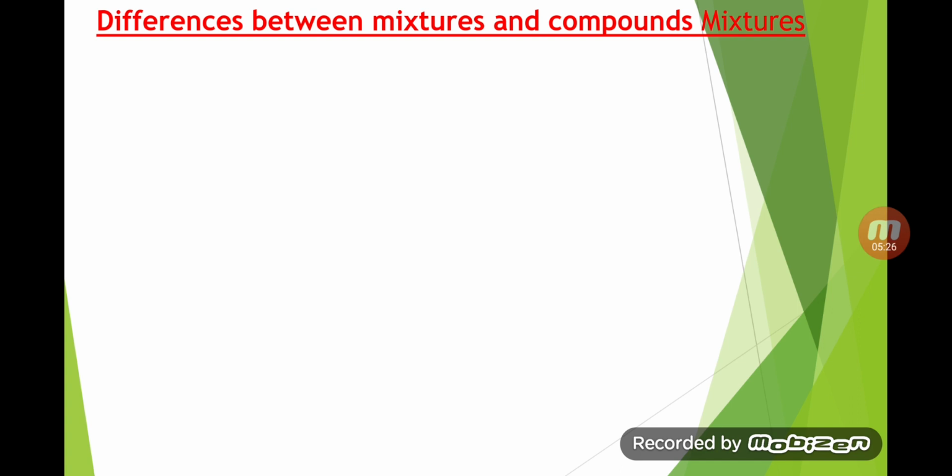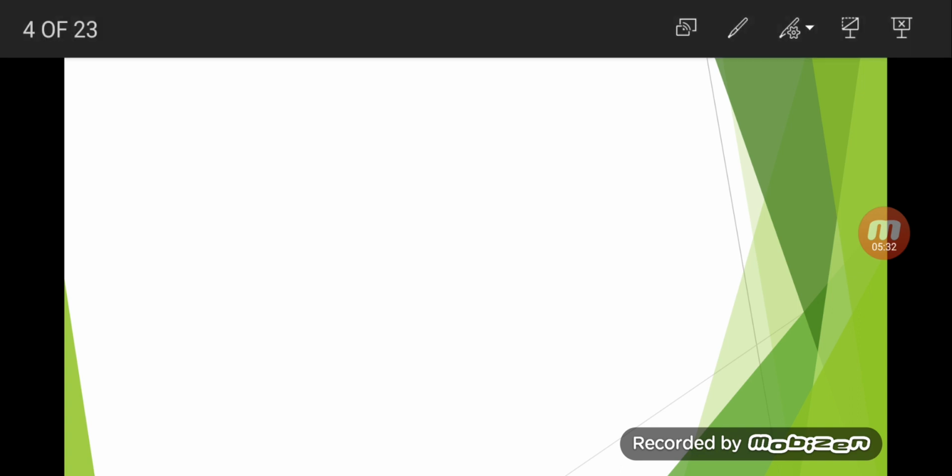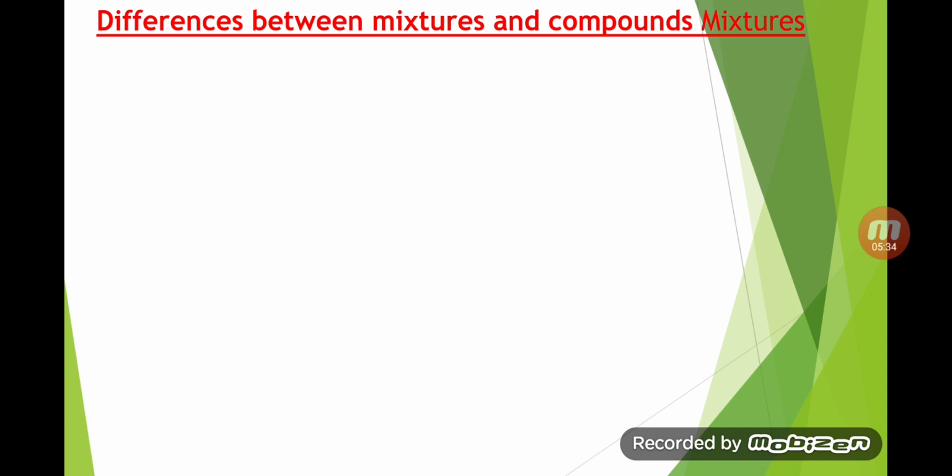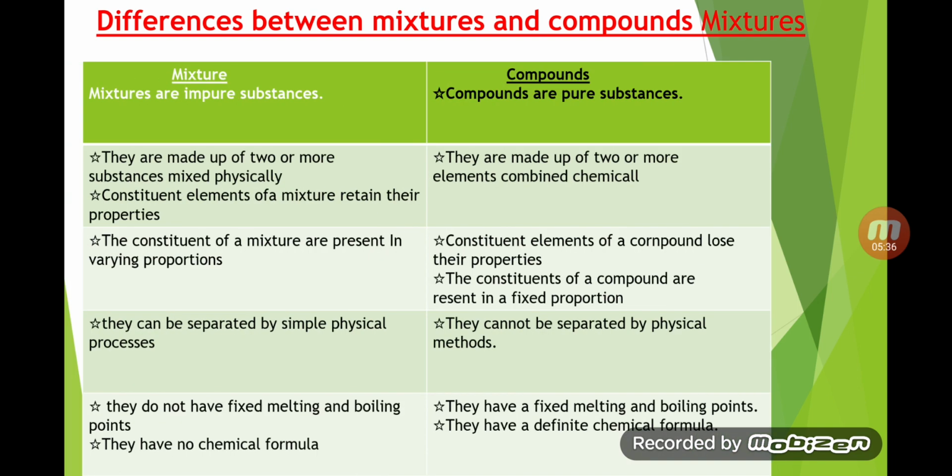So what is the difference between compound and mixture? Let's see, my dear students. Mixtures are impure substances. Yes, it is very clear from the flow chart. Mixtures are impure substances, whereas compounds are pure substances.